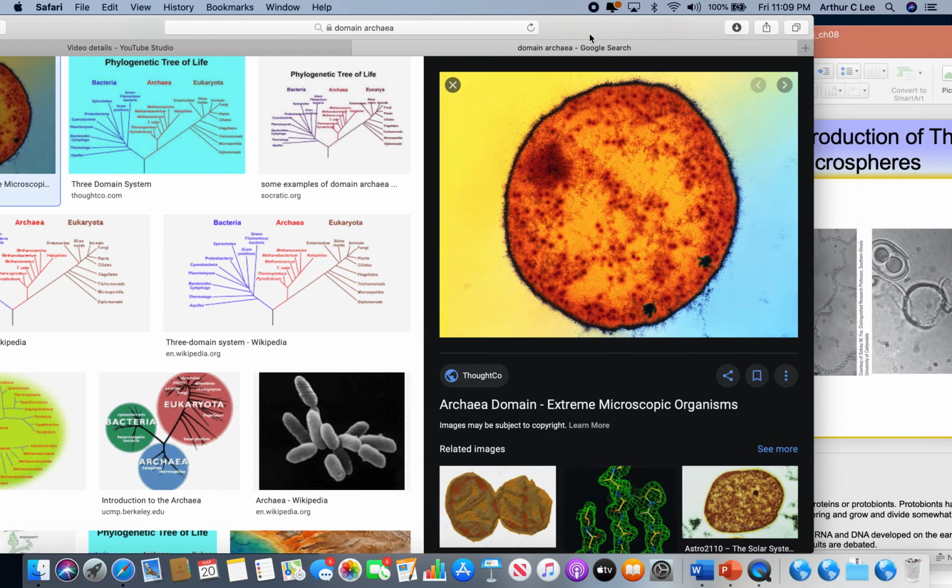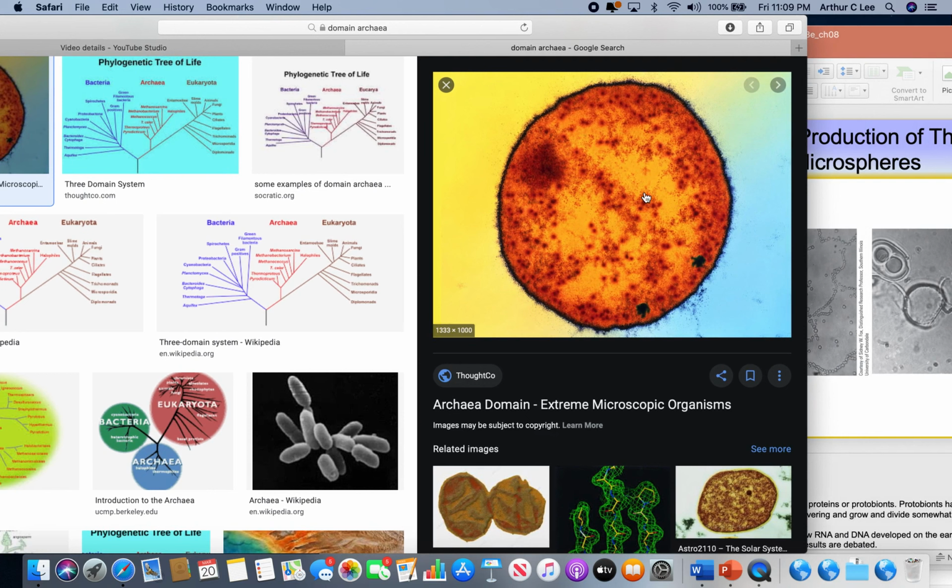But the other thing that's interesting about domain Archaea is they're producers, but they don't make their own food like plants and phytoplankton through photosynthesis. Instead, they make their own food by converting the chemicals in that hot water, in those black smokers, to food.